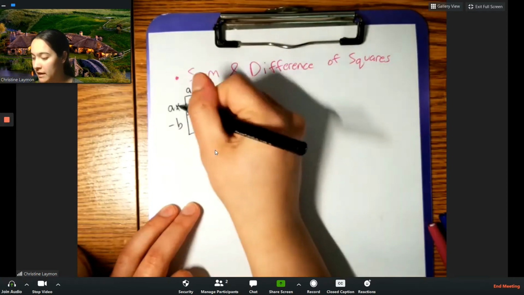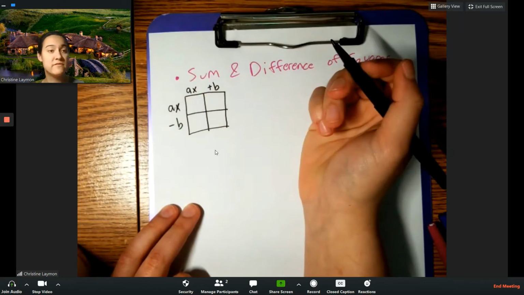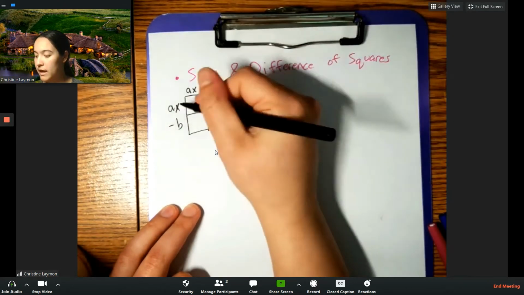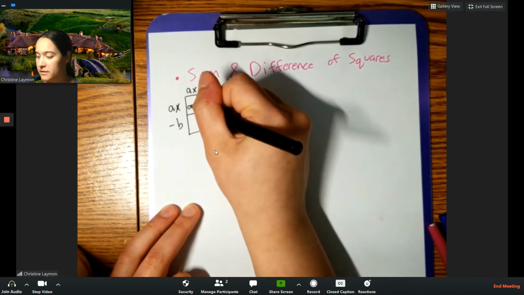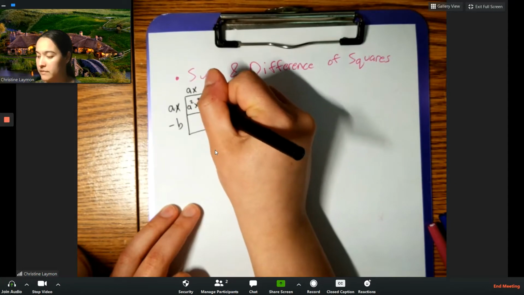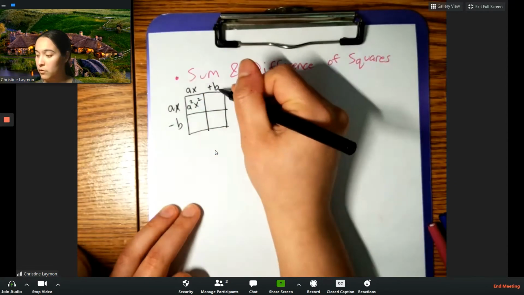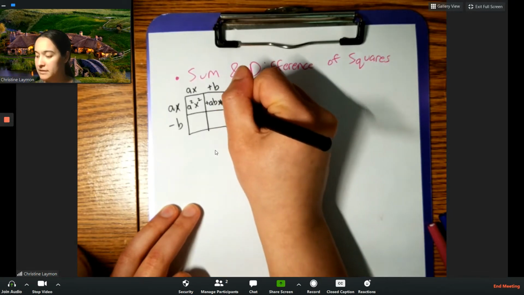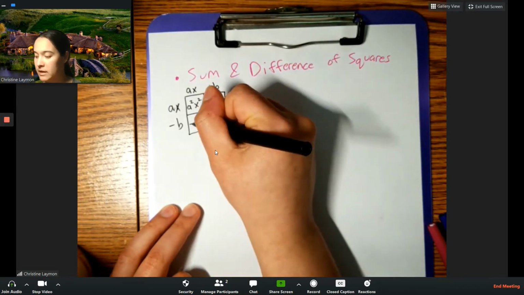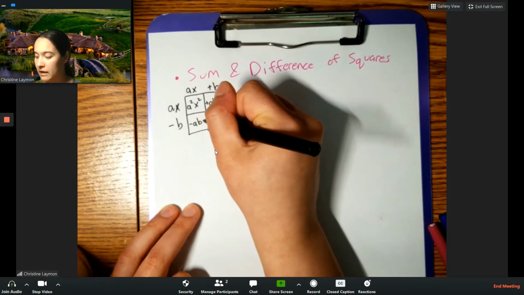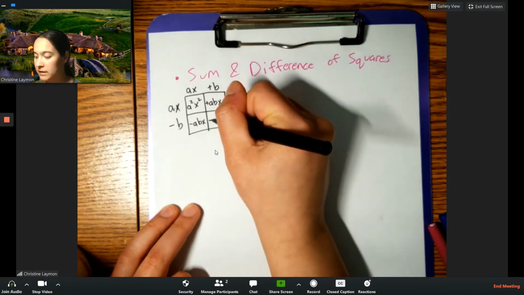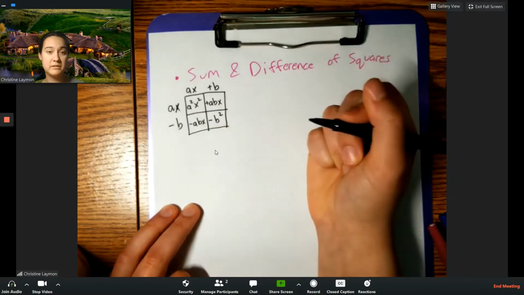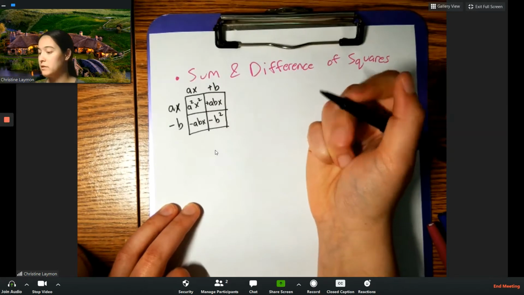That is an x here. Let's go ahead and find that area. So ax times ax is a squared x squared. Over here, I'm going to have positive abx. Down here, negative abx. Finally, minus b squared.